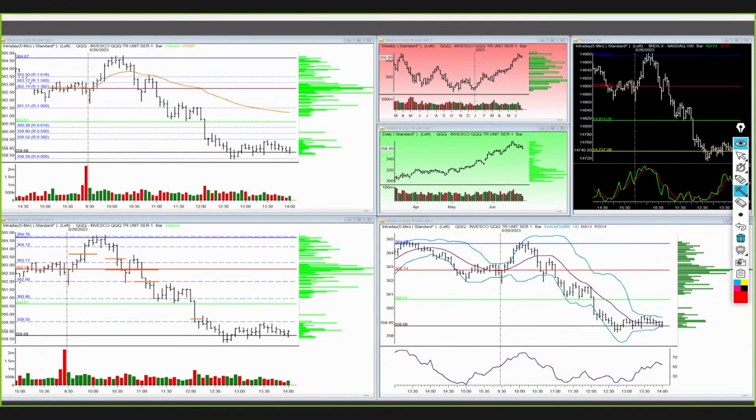But that got you short. And that move gets you about an 80-cent move down into your target. So 80 cents if you're trading the Qs. If you're trading, let's say, 500 shares of the Qs, then 80 cents is going to be about 400 bucks. If you're trading 100 shares, that's $80, right?